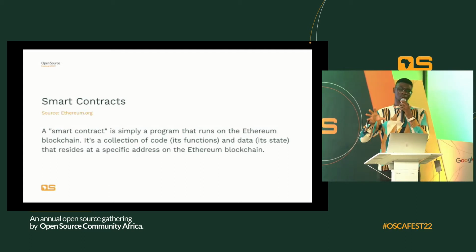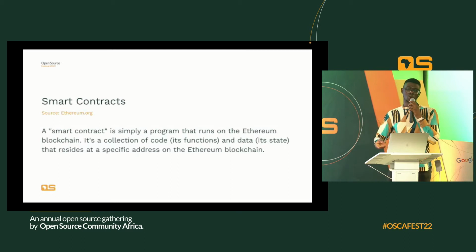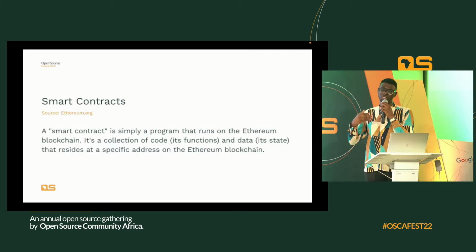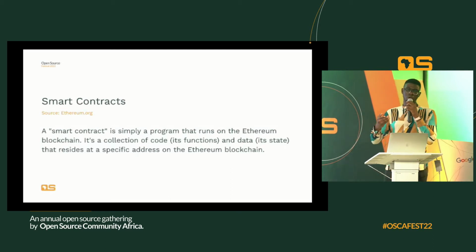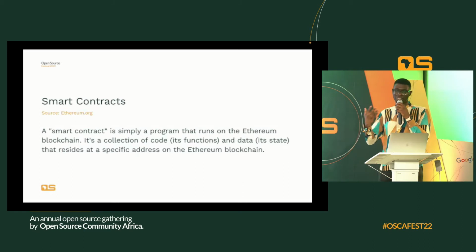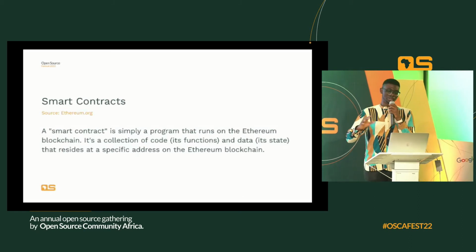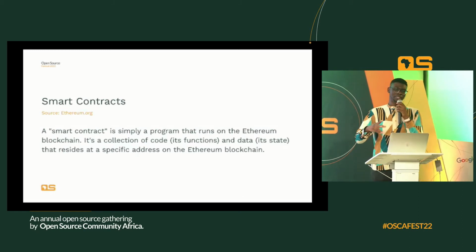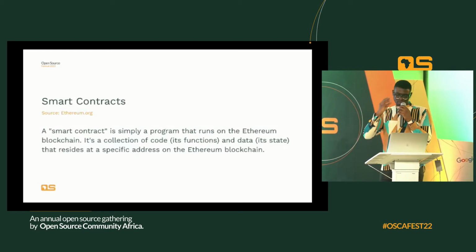This particular block of code can execute transactions on the blockchain and give outputs to the users. So basically, I'd say it's like a deployed backend, but not necessarily on any server, it's mostly just hosted on the Ethereum blockchain.